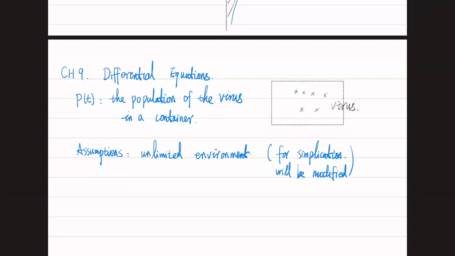Okay, so with this, we have our model. What's the model of this population? The model is that the change rate, the derivative, is proportional to the population.